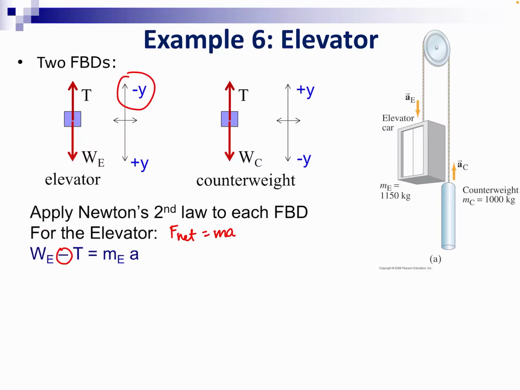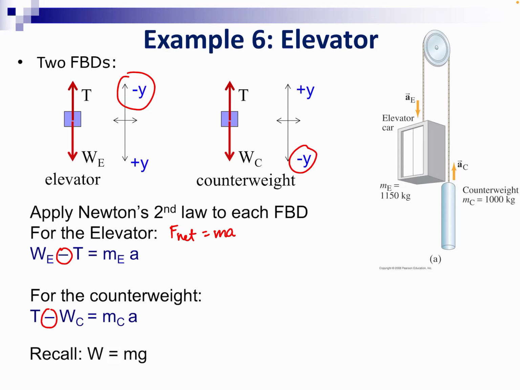And for the counterweight, we assigned the positive direction to be upwards in the direction of the acceleration, and therefore we have a positive tension and a negative weight force, right?